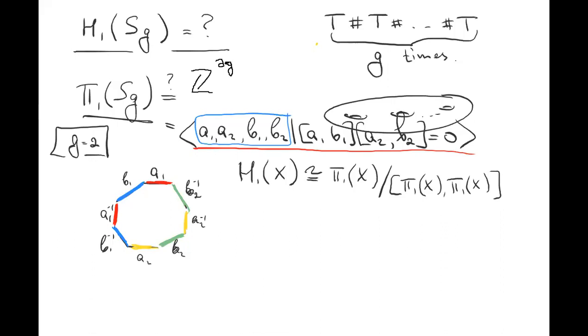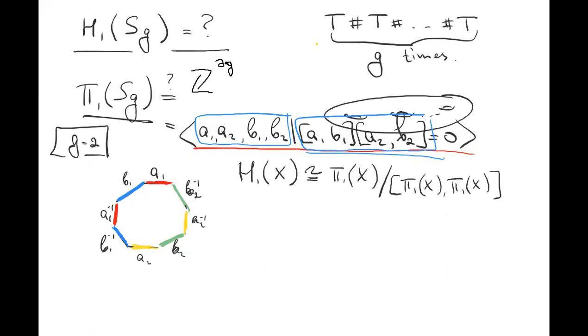But let's see what this relation is. Well, that relation is always true if they commute. Sorry? The relation is trivial if they commute, right? You mean this particular relation, or in general? Yeah, if A1, B1, A2, B2 commute.